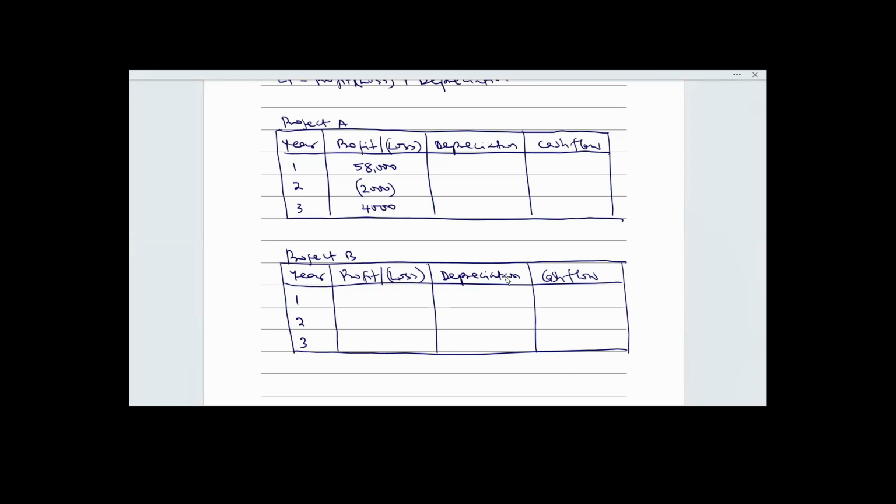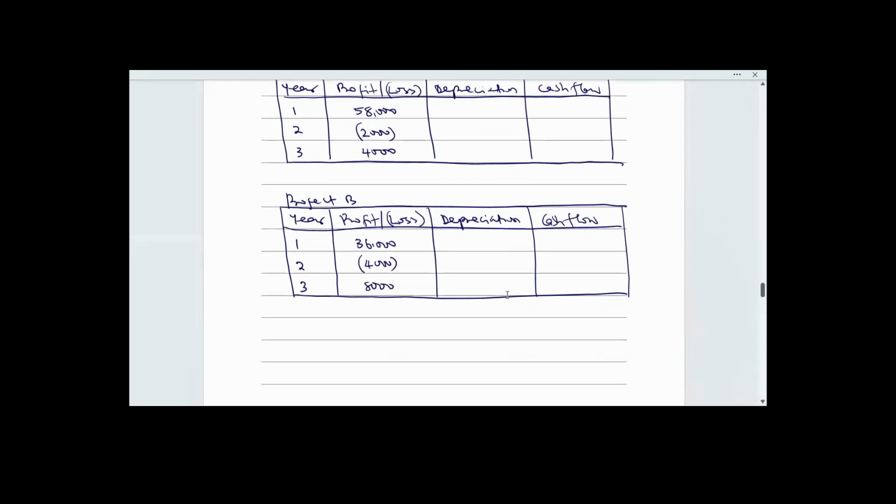For project B, 36,000, a 4,000 loss, 8,000 profits. So let's calculate annual depreciation now.